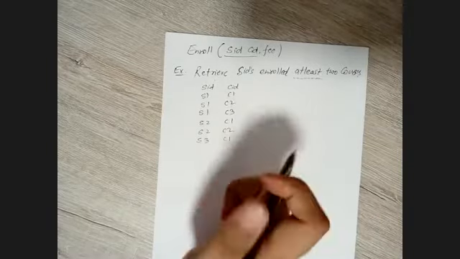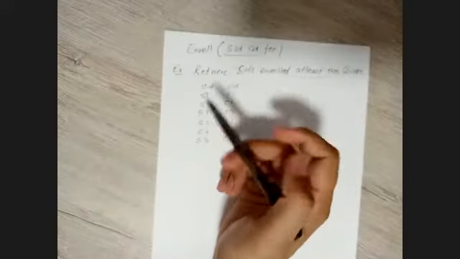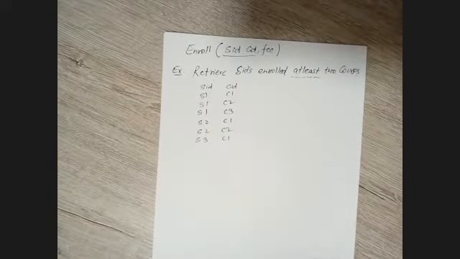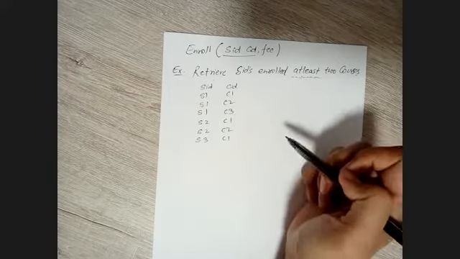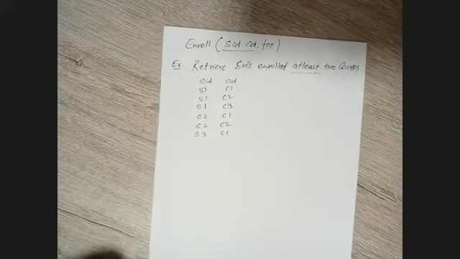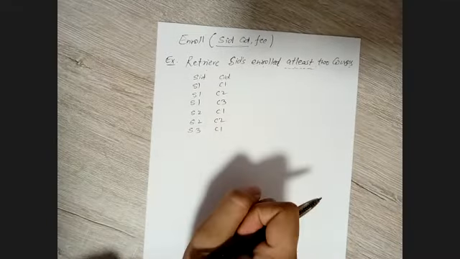Let's say this is the instance of your enroll relation. So we need to retrieve SIDs enrolled in at least 2 courses. Understand? Okay, by looking at this table, what should be the answer?